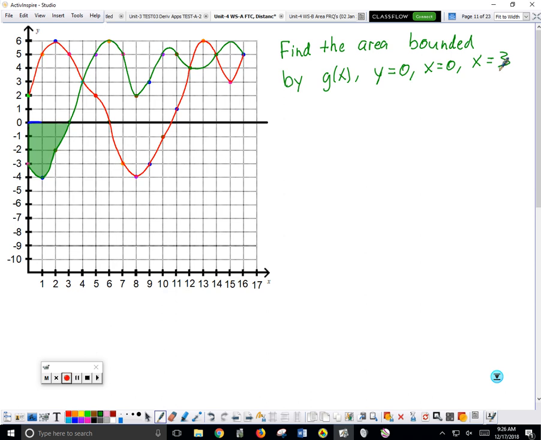As you read the instructions, you should be visualizing the space I've highlighted in green. So if you don't see why that's the area we're seeking, just wait and we'll talk some more. Questions from anyone?